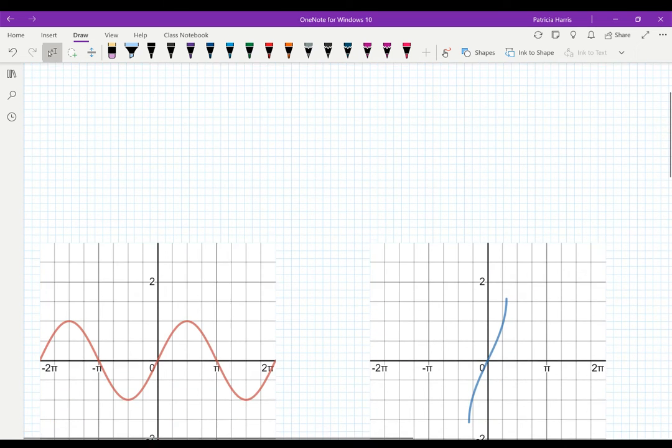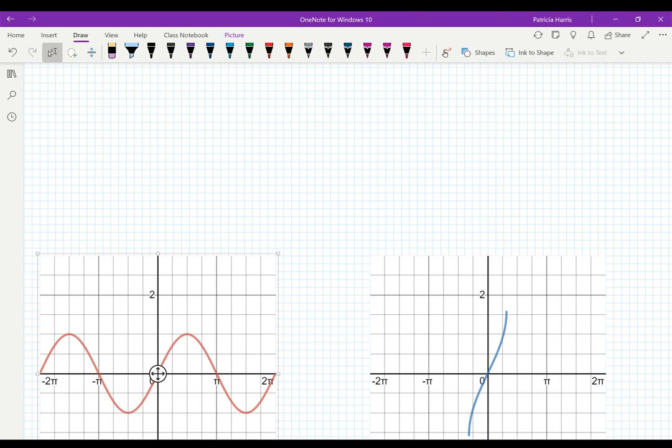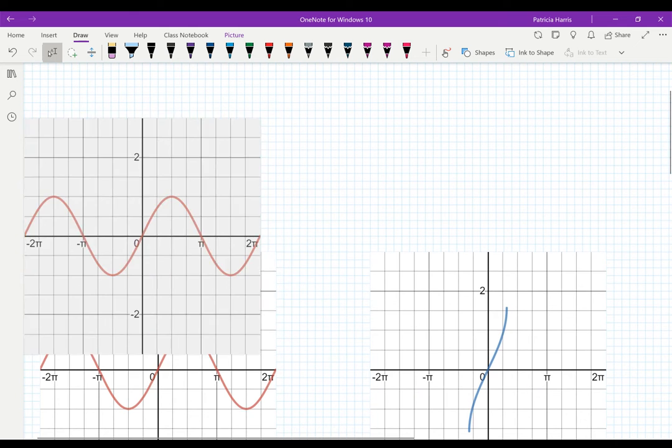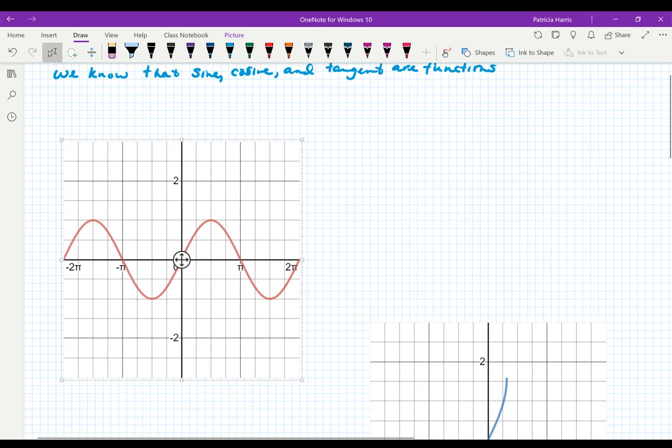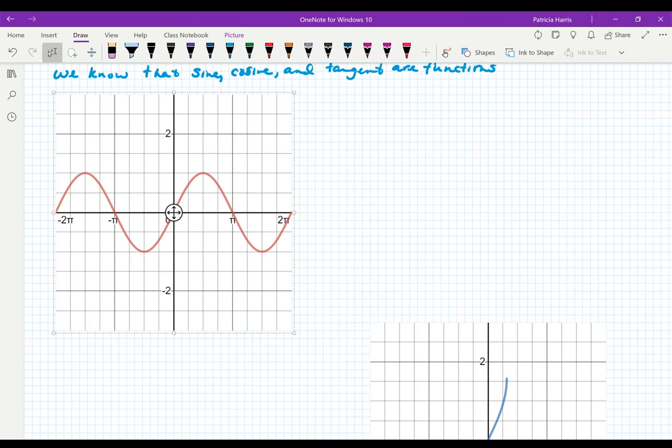Okay, so we're going to go down here for a sec, and we're going to take a look at the sine function. Okay, so that's the sine function. We know it's a function for one input. There's only one output.